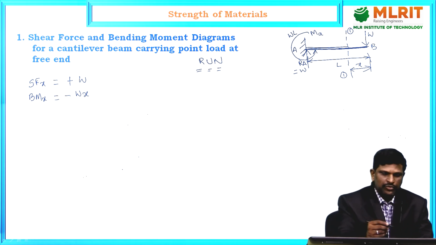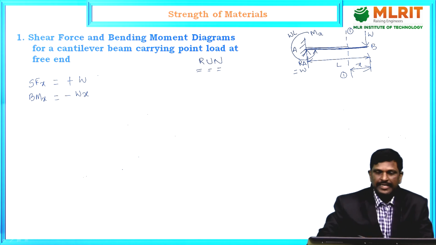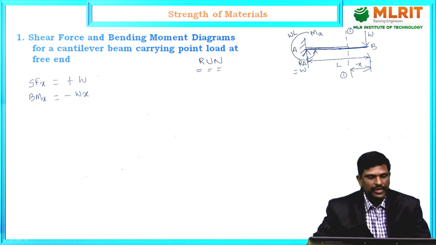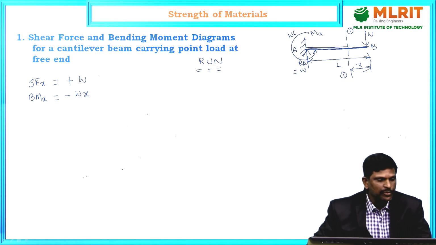Now, to find the shear force at any section between B to A, we will use the shear force equation, and to find the bending moment at any section between B to A, that is free end to fixed end, we will use the bending moment equation.